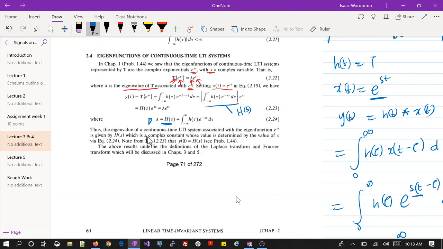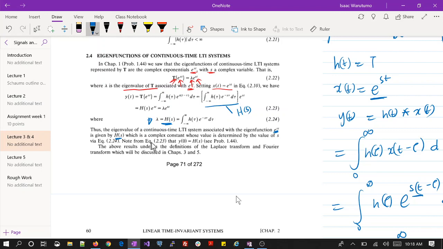Thus the eigenvalue of a continuous-time LTI system associated with the eigenfunction e^(st) is given by H(s), which is a complex constant whose value is determined by the value of s by equation 2.24.